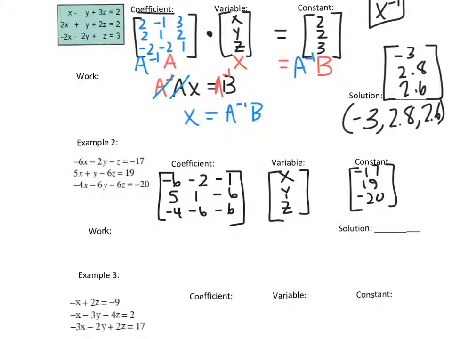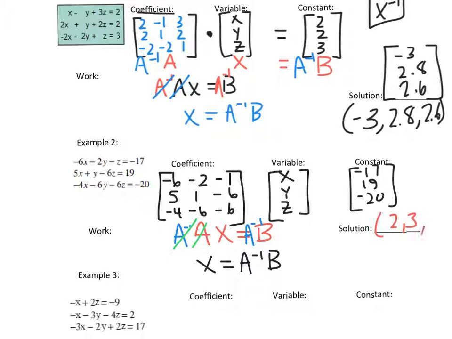So A is the coefficient matrix, X is the variable matrix, and your constant matrix is B. You're going to multiply both sides by the inverse matrix of A. So these two would cancel out because they're inverses. So X equals A inverse B. I'm going to pause it and put this in my calculator. When I got this matrix, I got the ordered triple, which was 2, 3, -1.